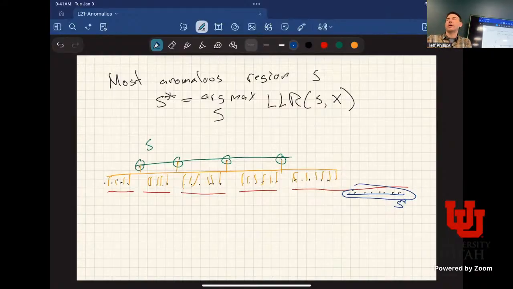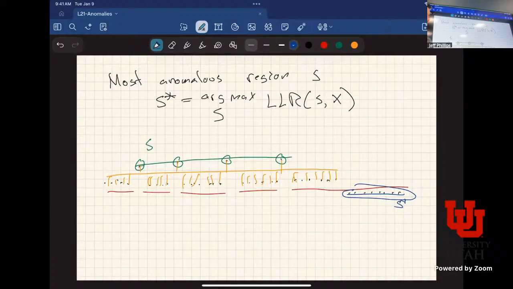So you think that's the right way to find the anomaly, or should I use S prime? This one, the score is maybe almost as high, but not quite as high. You think which one? S prime? You think S prime is more interesting?